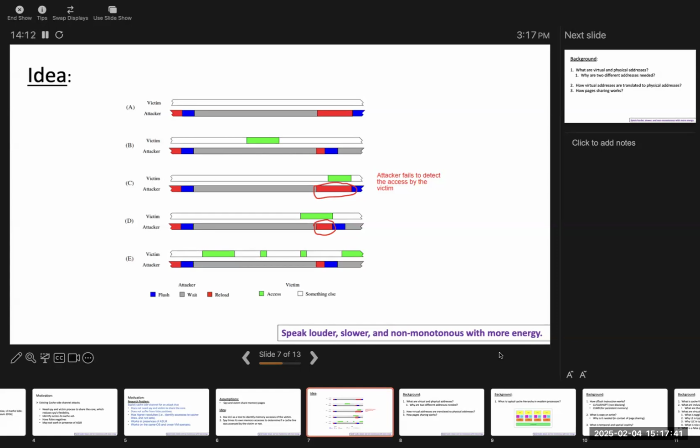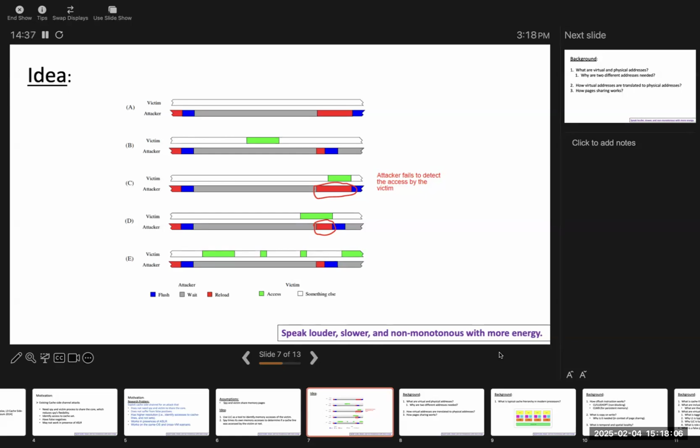Not to the LLC, to the memory. Okay, the main memory. Yes. Flush removes your cache line from all levels of your cache hierarchy, L1, L2, L3, LLC, whatever it is, and puts the data in the main memory.